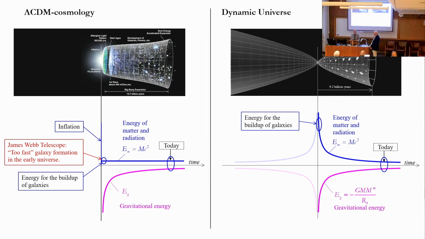But how are you defining it in the lambda CDM case? Miten siinä lambda CDM? Because there's issues in how you define energy. I'm not the right person to answer that question. It must be given to lambda CDM people.